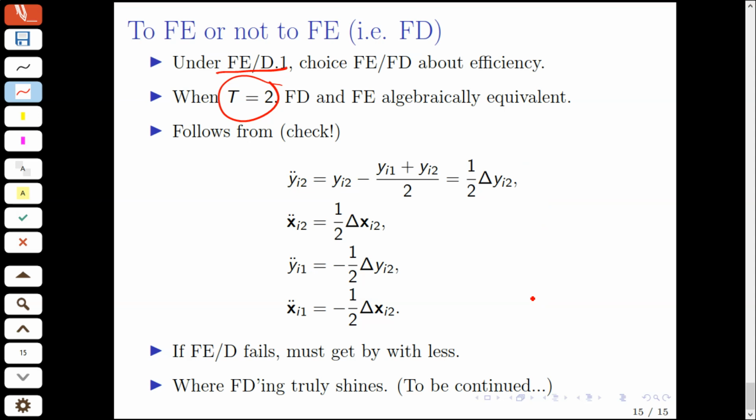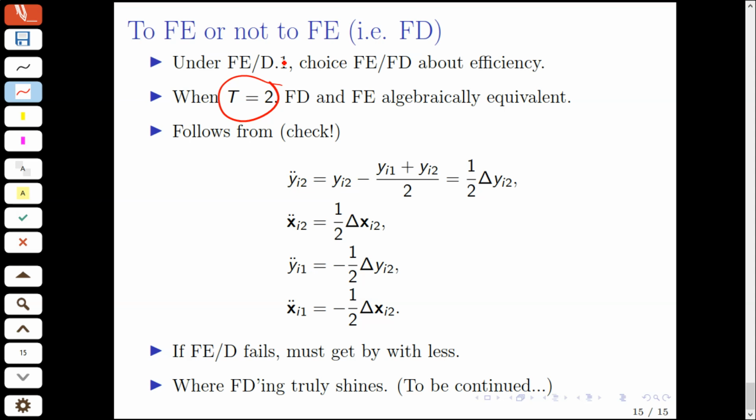Now, the previous discussion here was all done under our assumption of strict exogeneity. If this assumption fails, then we have to do something else. Now, it turns out that the idea of fixed effects or going within is almost impossible to salvage when strict exogeneity fails.